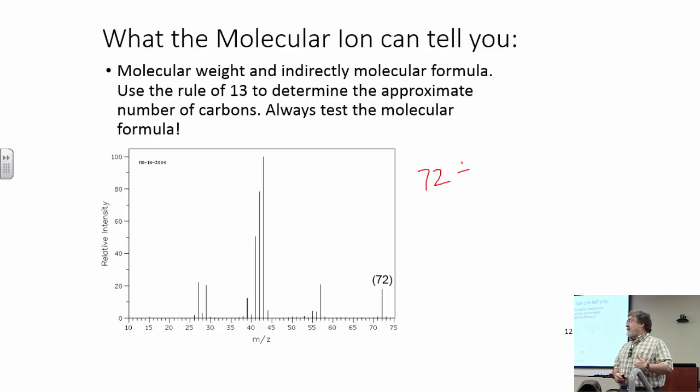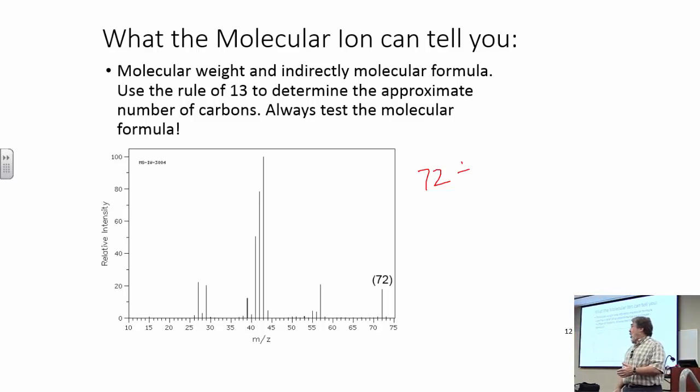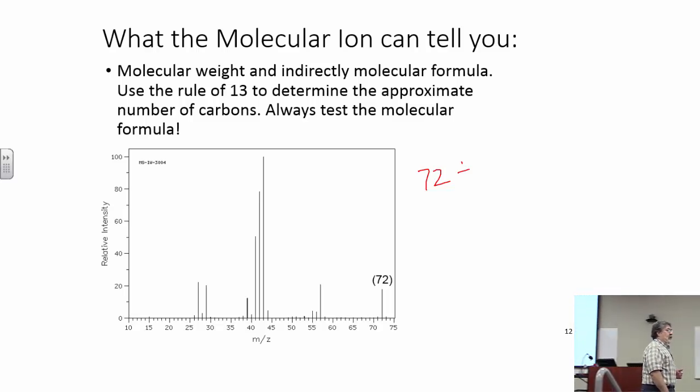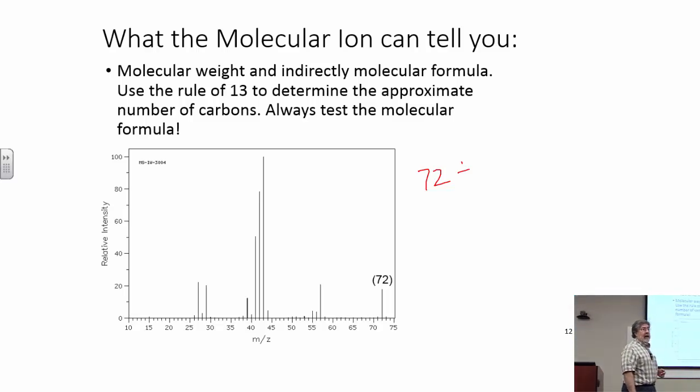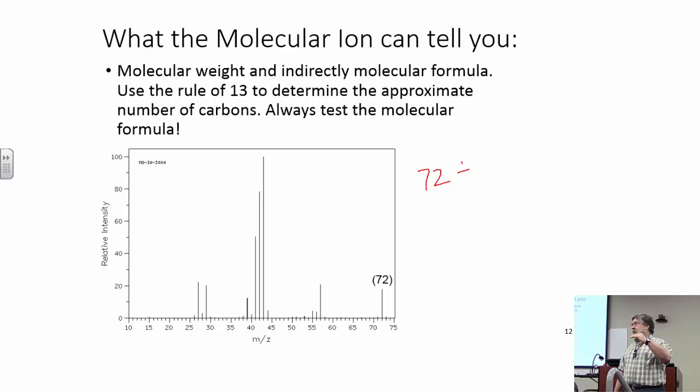So n's 5, 2n's 10, plus 2 is 12. Huh. Now what's that really tell you, that formula? That formula corresponded to an alkane, correct? The CnH2n+2 formula. That corresponded to the formulas that would be alkanes, correct? So what it really is, is a maximum value.